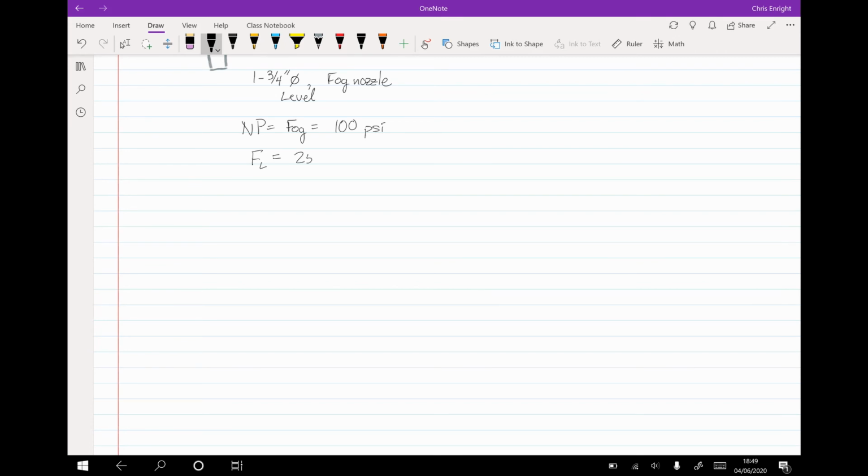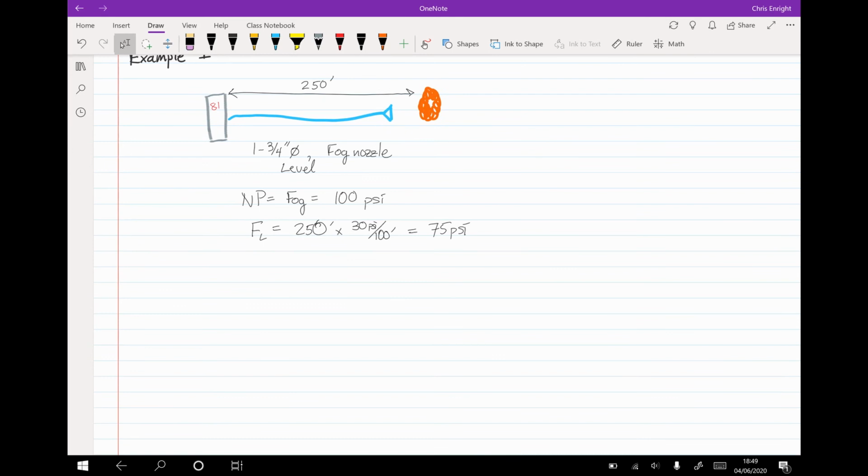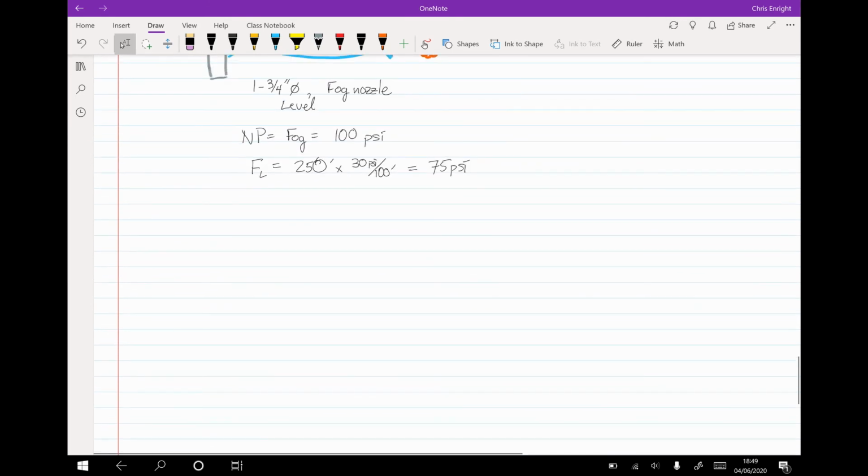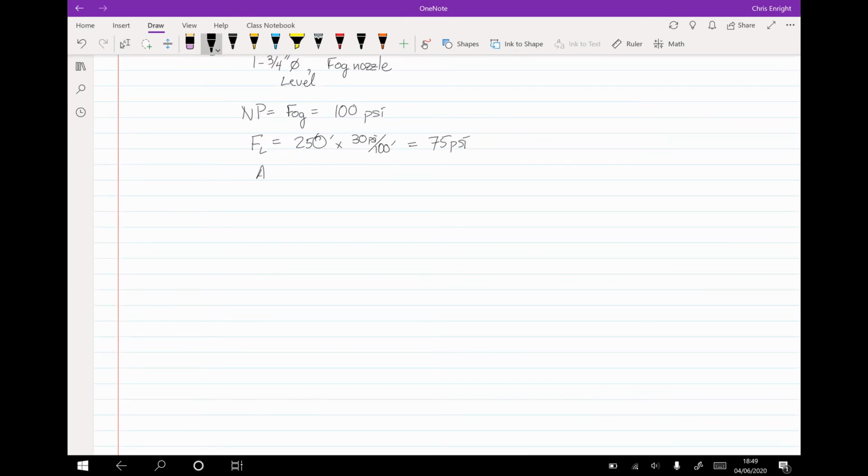So 250 feet times 30 psi per 100 feet. That's going to be equal to 75 psi. So that's a nominal friction loss. Are there any appliances? No. Straight line out to the fire. Easy. So AL equals 0. We don't have to worry about that.